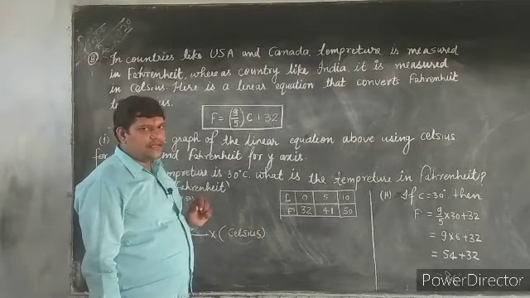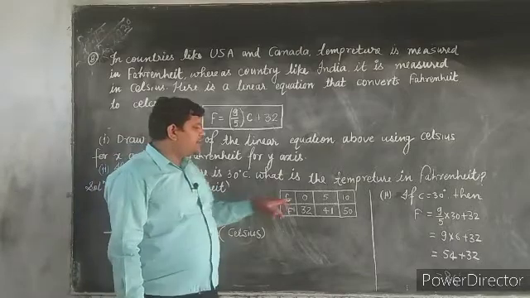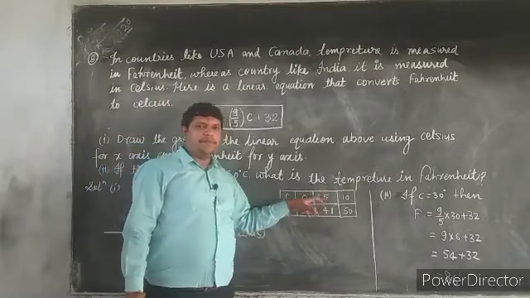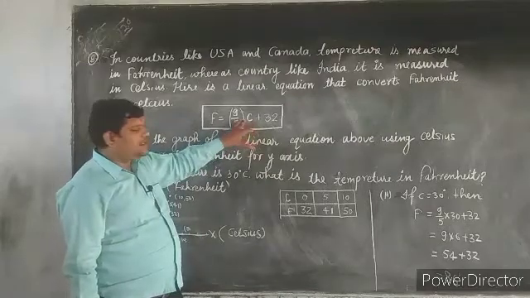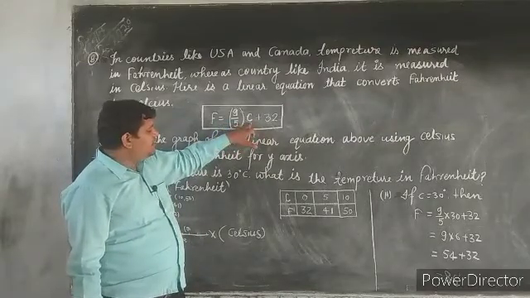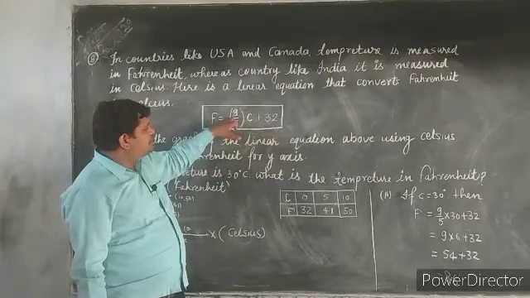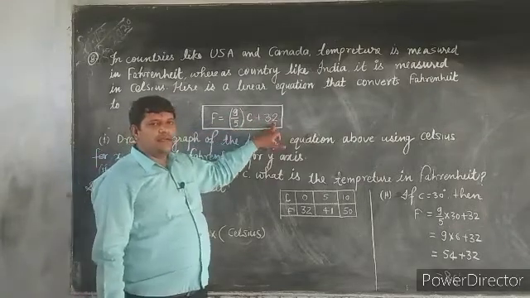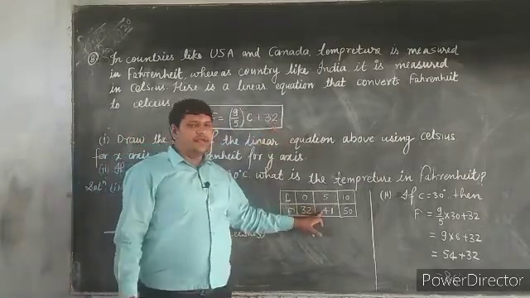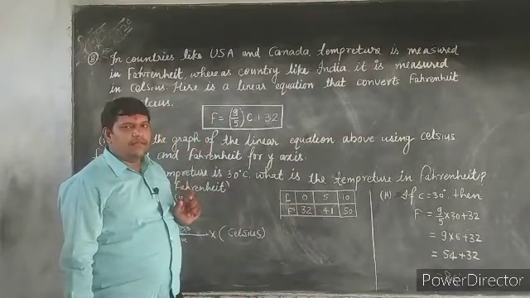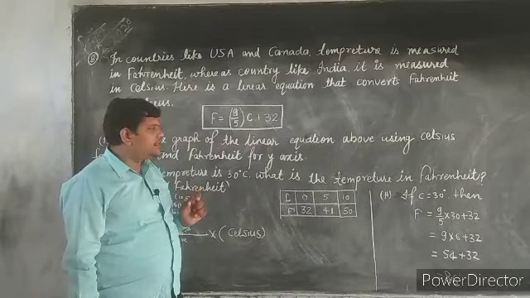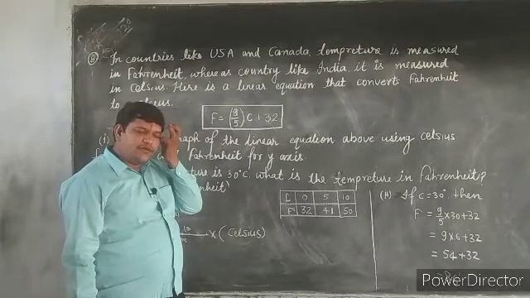And again we will put another value. C is 5. We are taking 5 because 5 can be easily cancelled. So 9 upon 5 into 5 plus 32. 5 and 5 will cancel out, and you can find F as 41.